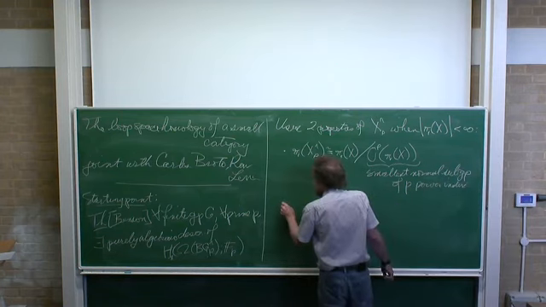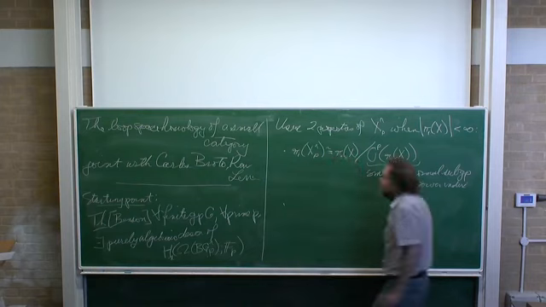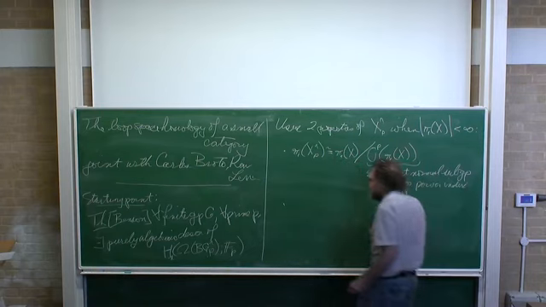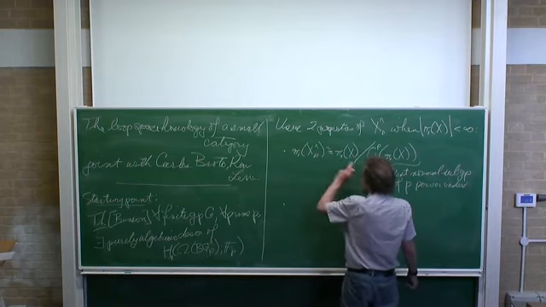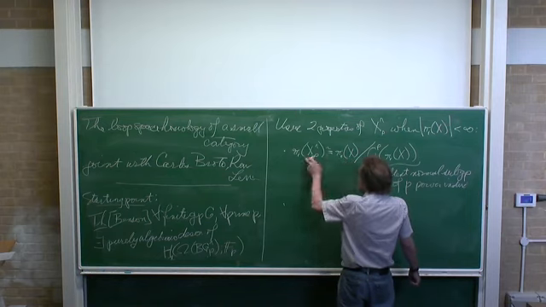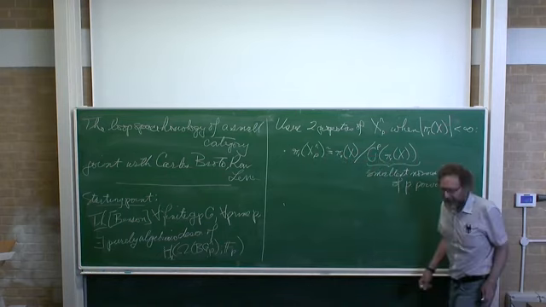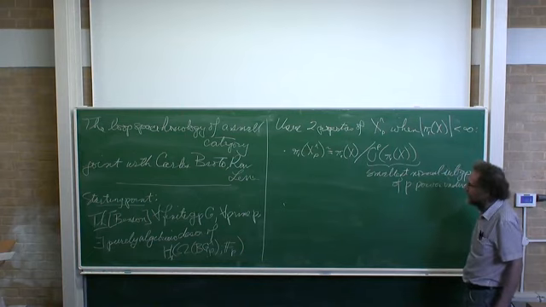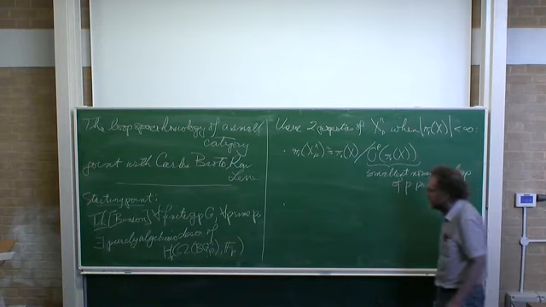And then the second property is that, and here again I'm not writing down details, but it's understood that this isomorphism is induced by the natural map from X to its P completion.